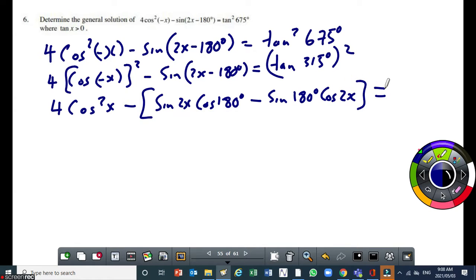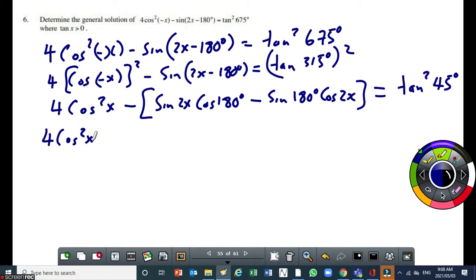Now tan 315 can be written as tan of 360 minus 45 degrees, which is the same as saying this is tan squared 45 degrees, and tan 45 is 1. So if I simplify this, I'll get 4 cos squared x.